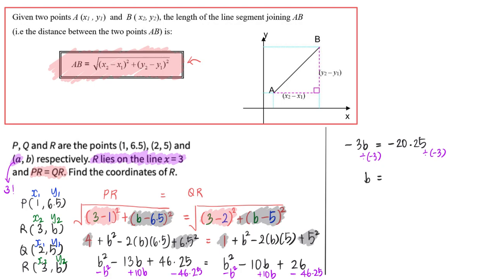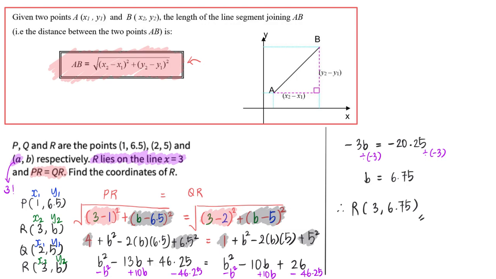B will be equal to 6.75. And therefore, the coordinates of R, a is 3, b is 6.75.